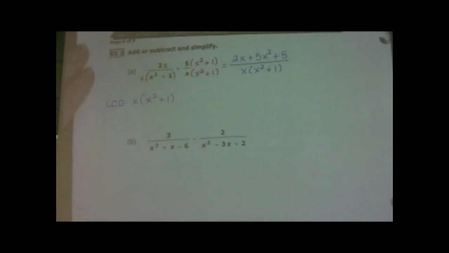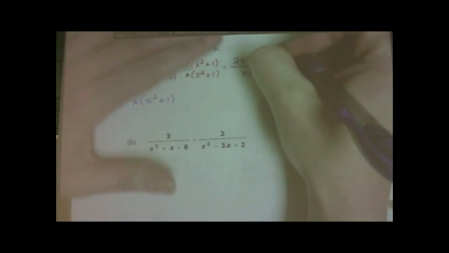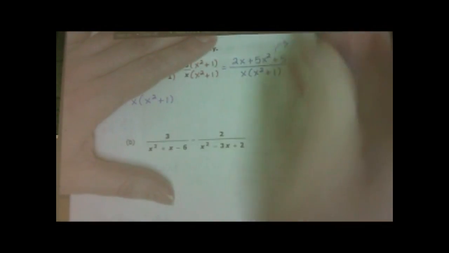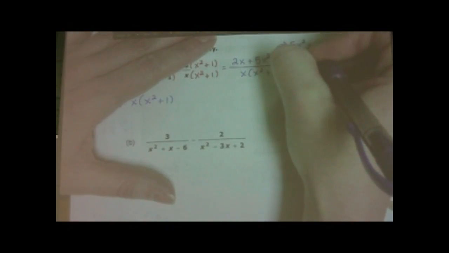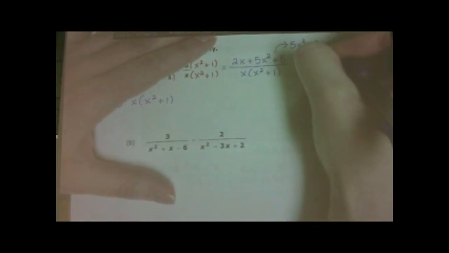Now the interesting thing here is I want to factor this to see if anything's going to cancel. If I was going to do that, here's what it would look like. I've got to put it in the right order. It would be 5x squared plus 2x plus 5. Here's the issue with that.